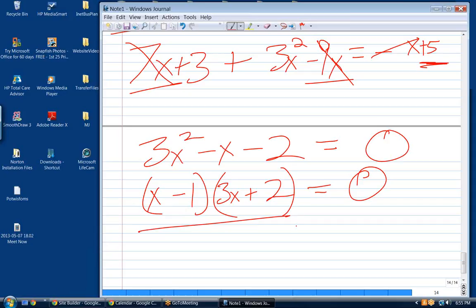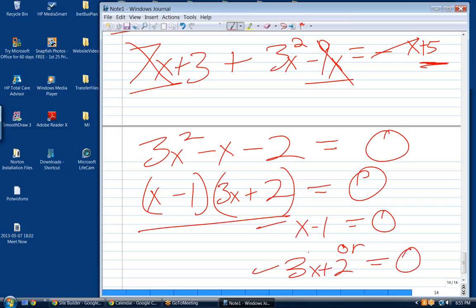We can now say that x minus 1 has to be equal to 0, or 3x plus 2 has to be equal to 0. And each of these is easily solved. For the first one, what is x equal to? 1. And for the second one, x equals negative 2 over 3.